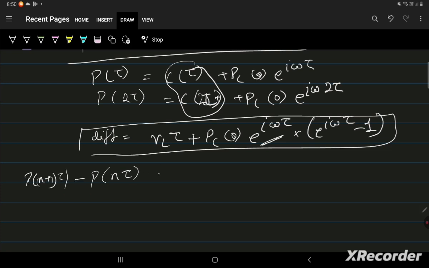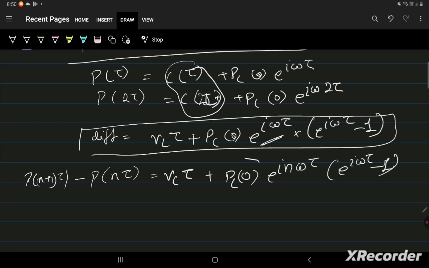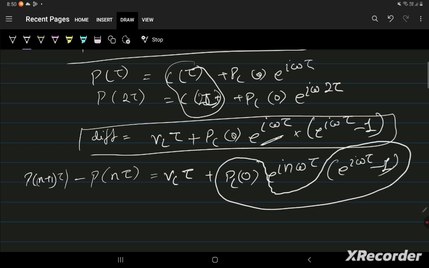you will get Vc tau plus Pc0 e to the iota n omega tau into e to the iota omega tau minus 1. You can see that this is a constant vector, this is a constant vector, and this is a rotating vector, and this is also a constant vector.